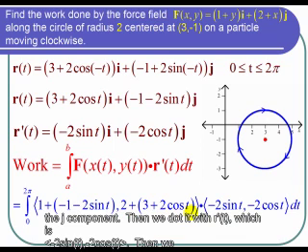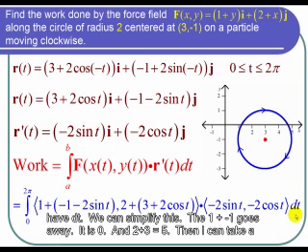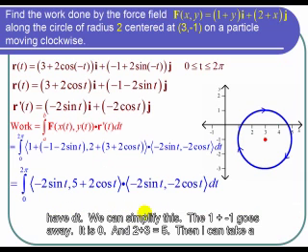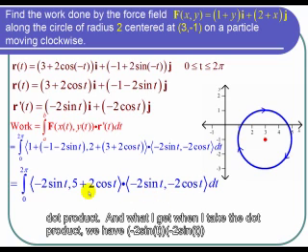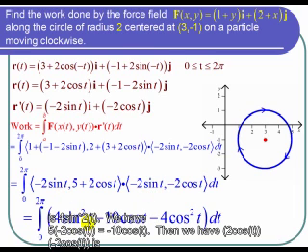Then we dot it with r prime of t, which is negative 2 sine of t, comma, negative 2 cosine of t, and then we have dt. We can simplify this. The 1 plus negative 1 goes away as 0, and 2 plus 3 is 5. Taking the dot product, negative 2 sine t times negative 2 sine t is 4 sine squared of t.